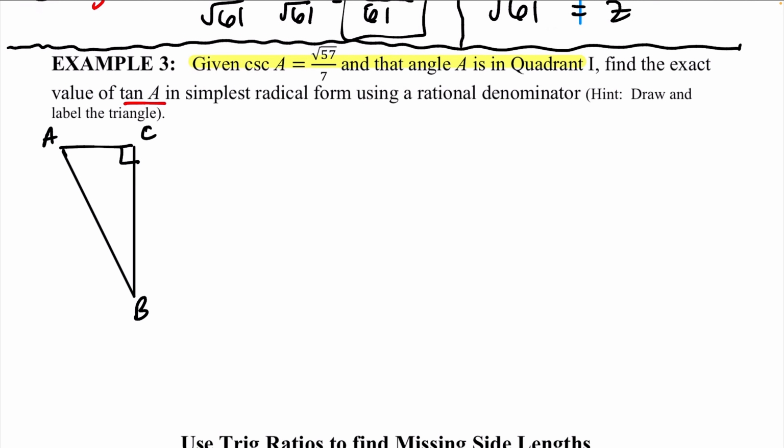So however yours looks, the hypotenuse is going to be opposite of your right angle. Okay? So on mine, that's over here. It's not going to be the same on yours because your triangle looks different. Find where it is, okay?